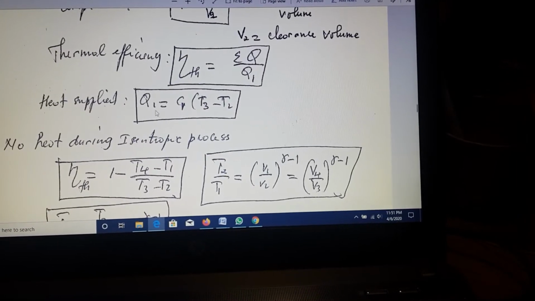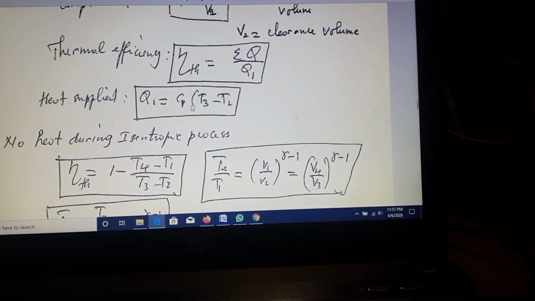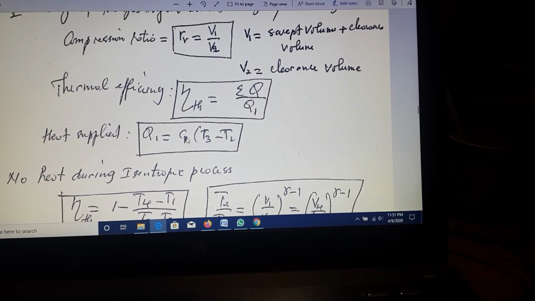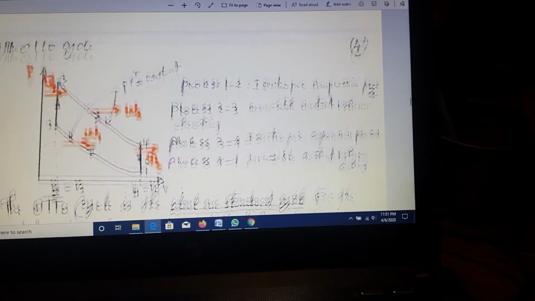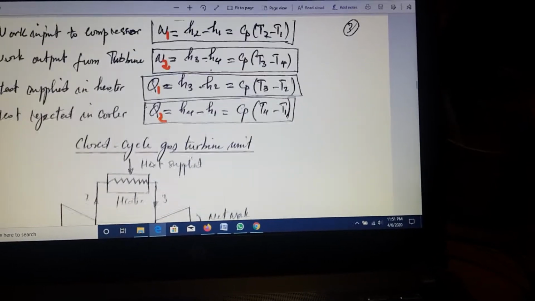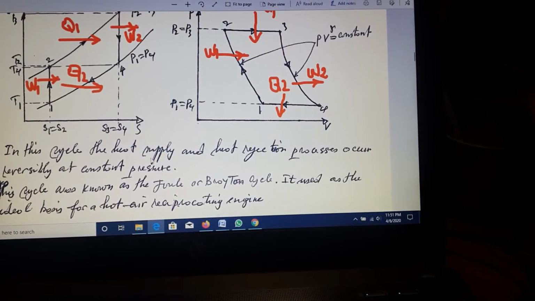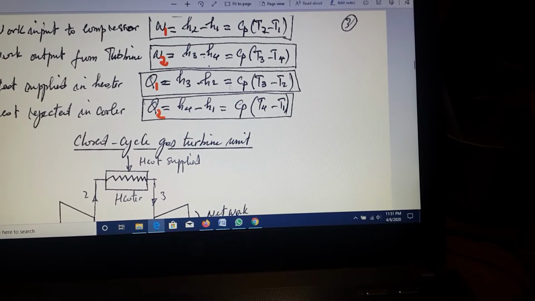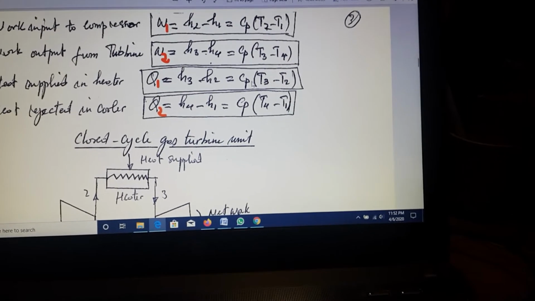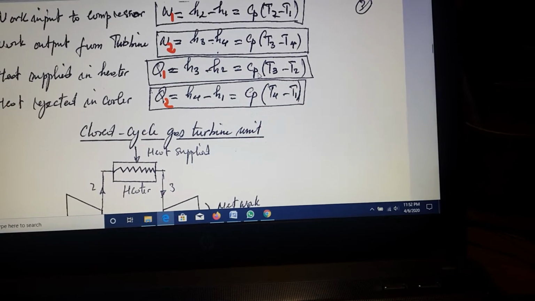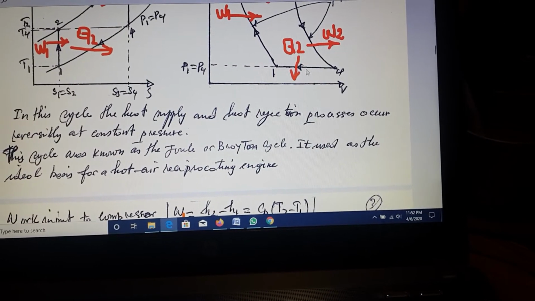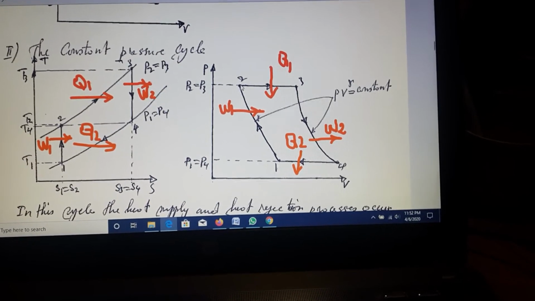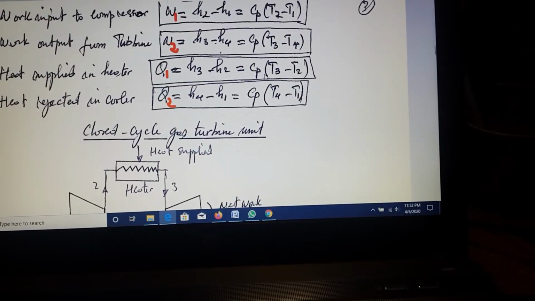And then for Q1, you can also use this one, because now remember that here it is CV, because here the volume is constant. But here you are dealing with a pressure, because on each side for the Q1, Q2, the pressure is constant. That's why you use CP.